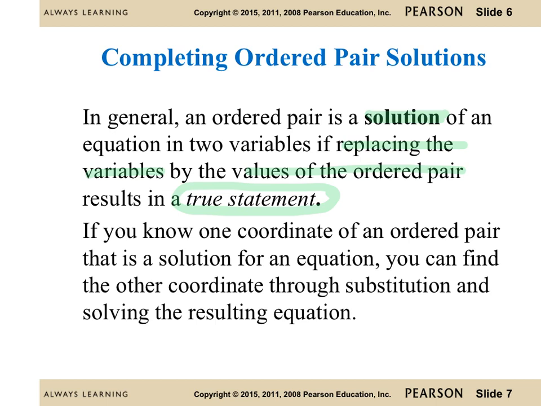And if you know one coordinate of the ordered pair that is a solution for an equation, then you can find the other coordinate by using something called substitution, which means plug and chug: plug in the value you have, and you solve the resulting equation. So we'll practice with that now.